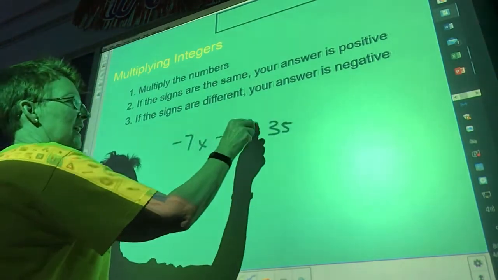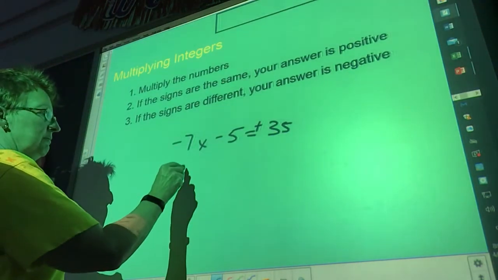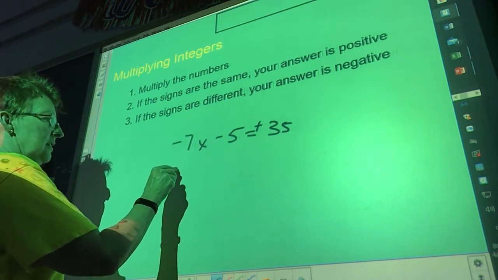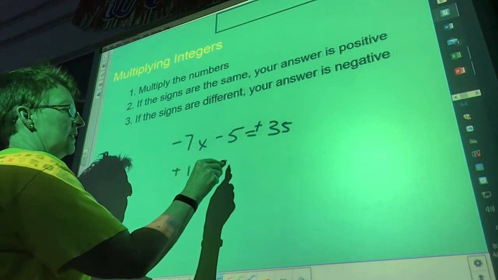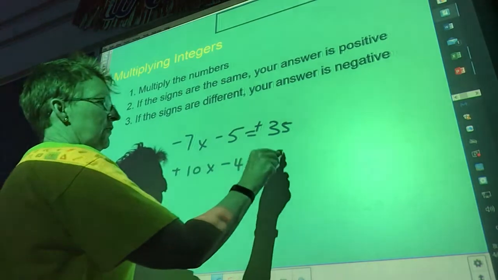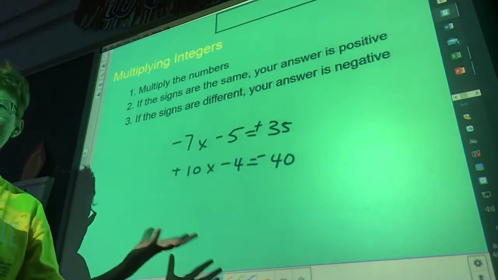The signs are the same, so it's going to be a positive 35. Let's do one where the signs are different. A positive 10 times a negative 4. 4 times 10 is 40. The signs are different, so my answer is going to be a negative 40.